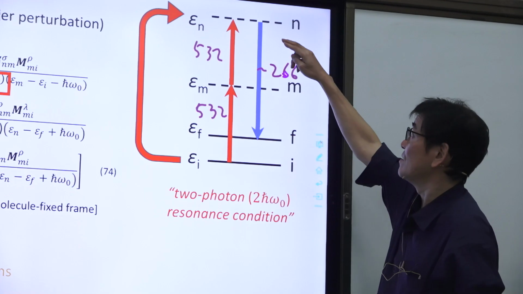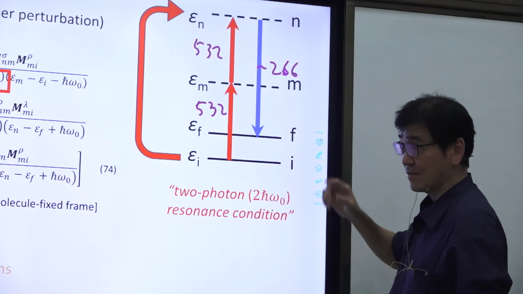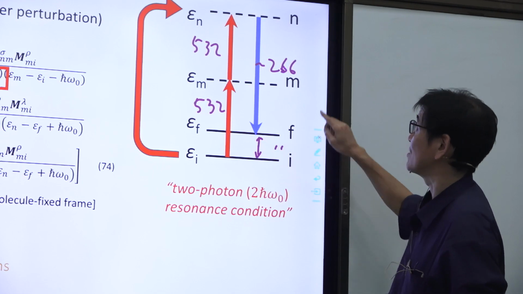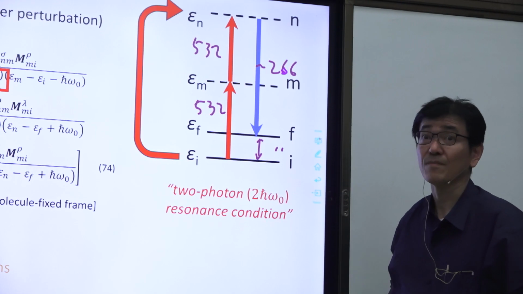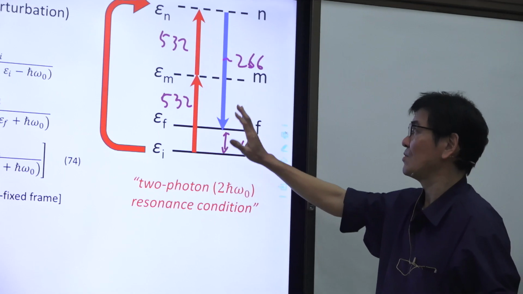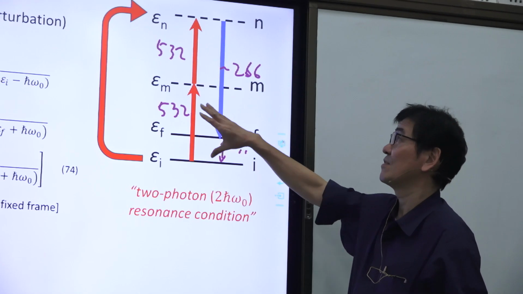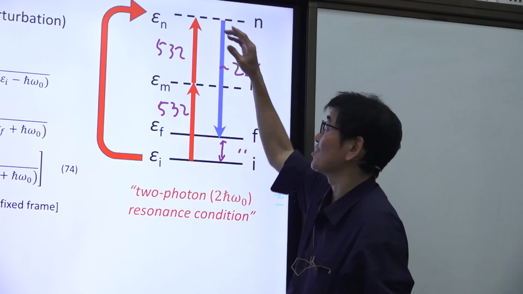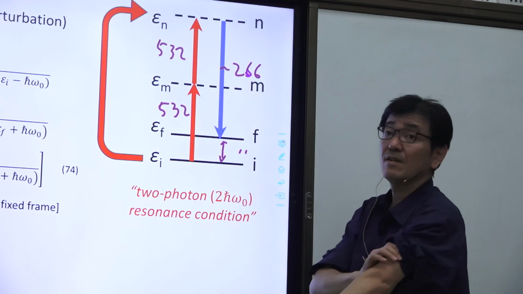So nearly twice the energy. Exactly speaking, vibration energy is reduced from this, right? But it's possible to observe such a process. This is a two-photon absorption.